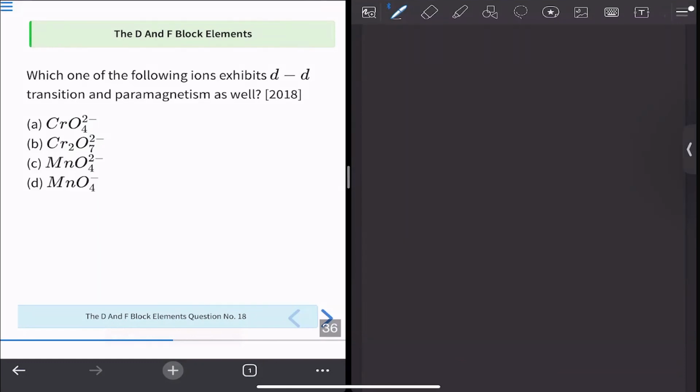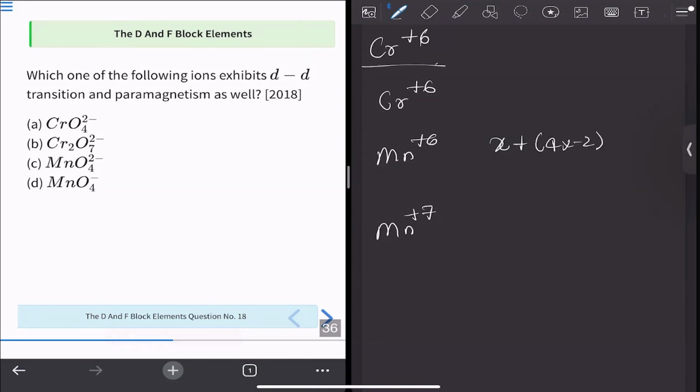So in the first option, the chromium is present in the plus 6 oxidation state. The second option, chromium is present in plus 6 oxidation state. The third one, the manganese, is present in plus 6 oxidation state. And in the fourth one, the manganese is present in plus 7 oxidation state. For the third one, we can write x plus 4 into minus 2 is equal to minus 2. x is equal to minus 2 plus 8, it is equal to plus 6.